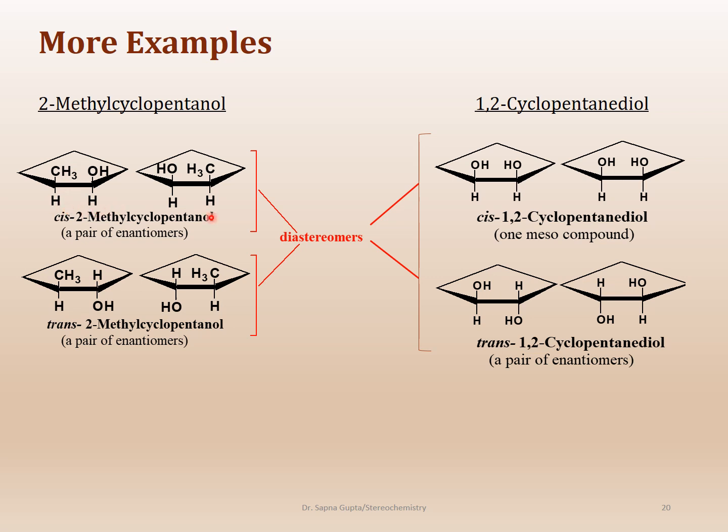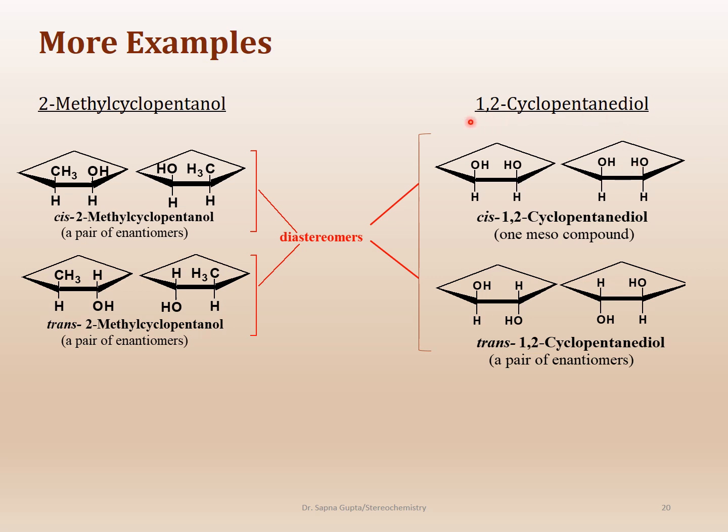You can have cis relationship and you can have trans relationship. So these two compounds are enantiomers, and then if you have trans, these are also enantiomers. Why are they enantiomers? Because they are not superimposable on each other. So that is for 2-methyl cyclopentanol.